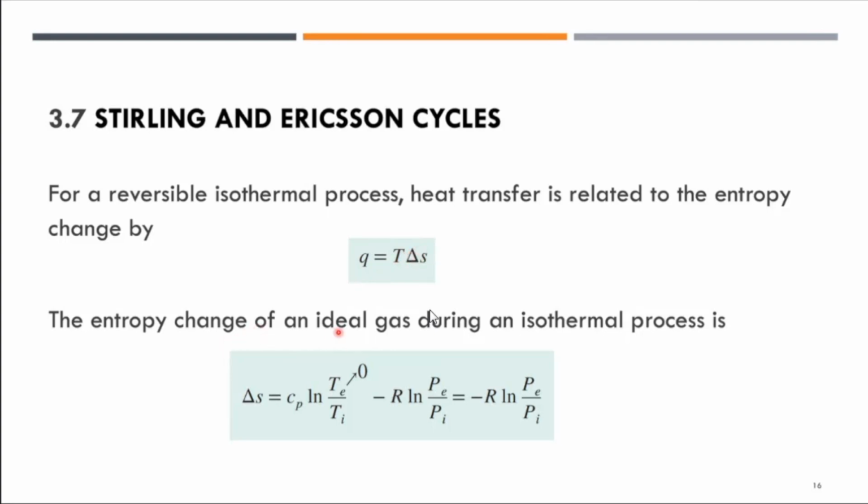And the entropy change for an ideal gas can be written as delta s equal to cp times the natural log of the temperature at the exit over the temperature at the inlet, minus the gas constant R times the natural log of the pressure at the exit over the pressure at the inlet. Since the temperature term is equal to 0 for the isothermal process, you get only an expression of the pressure.